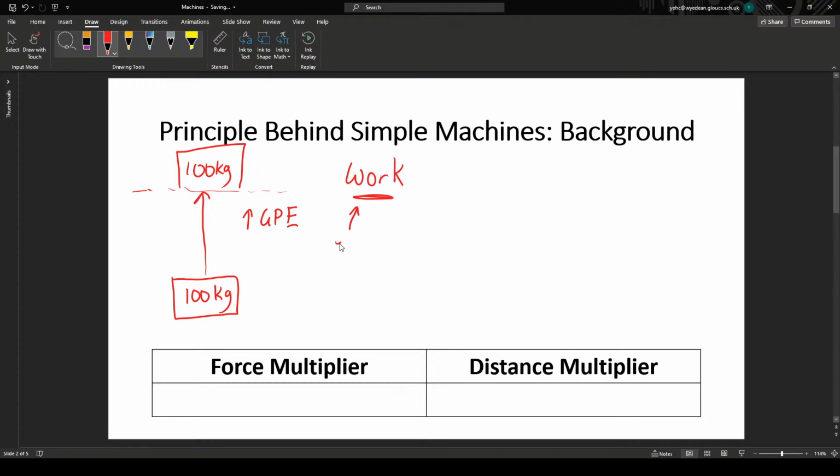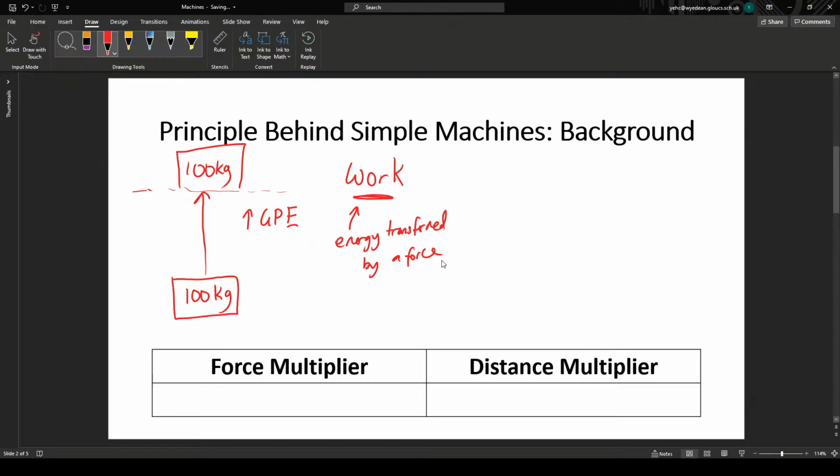Basically, work is just an energy transfer by a force. So when you are lifting the box, we're saying that you're doing work on the box and that you're transferring energy to the box. So instead of always saying you're transferring energy to the box to lift it, we're saying you're doing work to lift it.